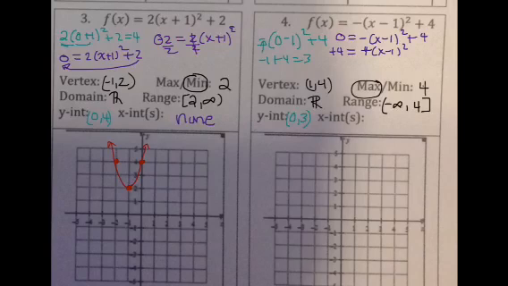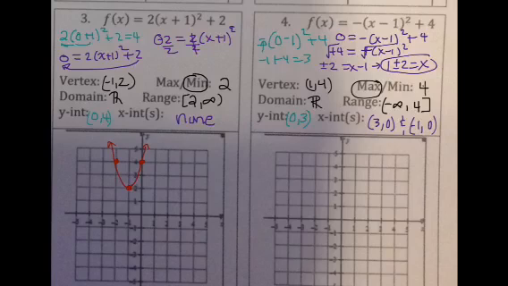And then, so now I can take the square root of both sides, and so I end up with plus or minus 2 equals x minus 1. So now I add 1 to both sides. So I get 1 plus or minus 2 equals x. So the two values of x are 1 plus 2, which is 3, and 1 minus 2, which is negative 1. So those are my x-intercepts.